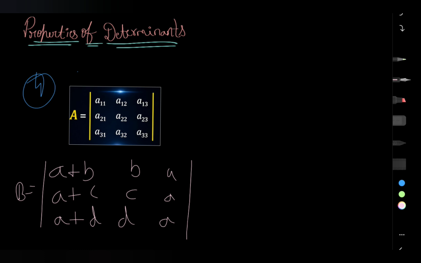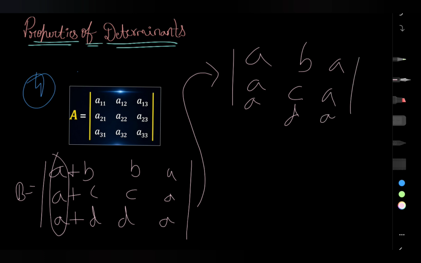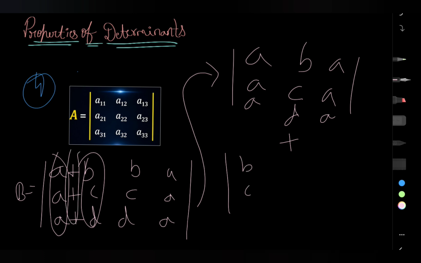So to solve this, I can split this determinant as a, b, c, d, as usual taking the first column here, then B, C, D, and A here, and one more column here. And here the addition symbol will be there because we have addition. So here it will be B, C, D, B, C, D, and A.